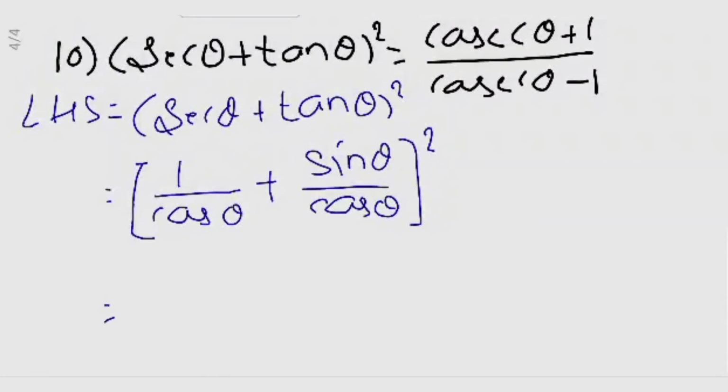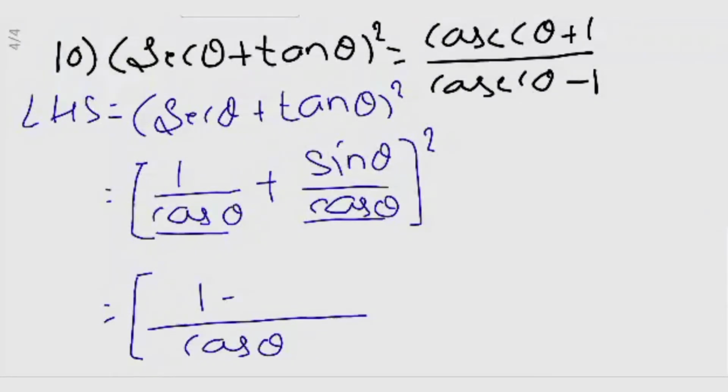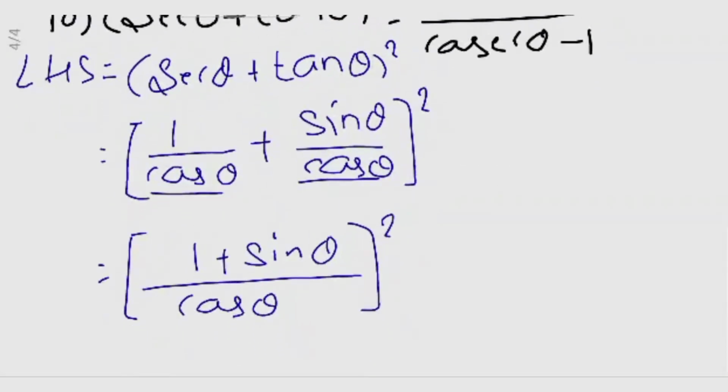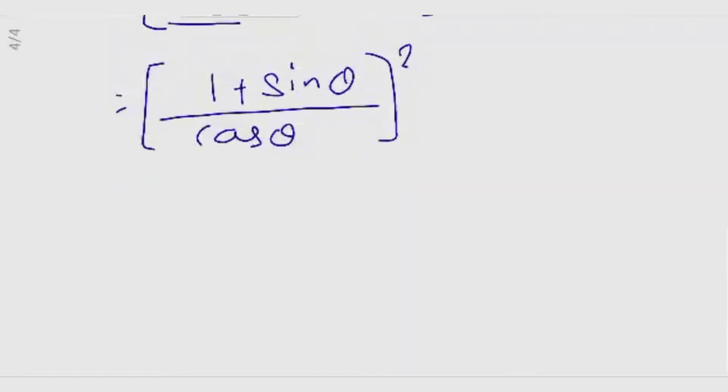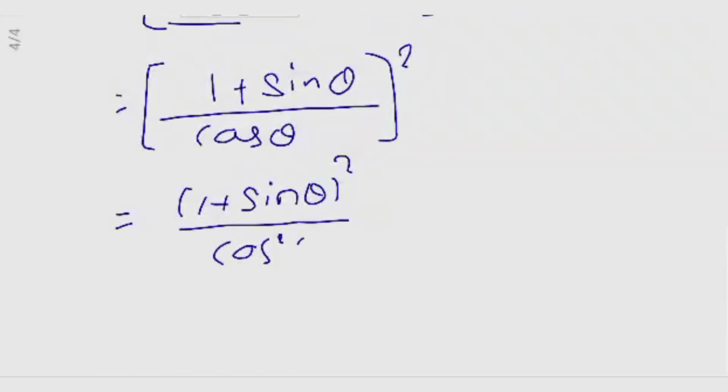So now in the denominator here is a cos theta and here is a cos theta, so LCM is cos theta. So here cos theta and here 1 plus sin theta and whole square as it is. So now take square separately, so this becomes 1 plus sin theta whole square divided by cos square theta.